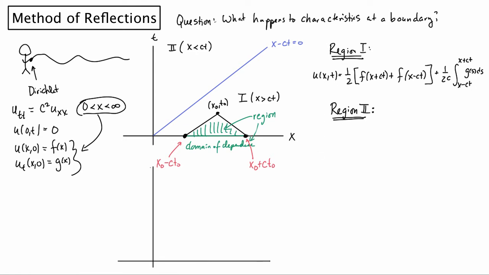Once again, let's draw in the dividing characteristic, and let's consider the point in region 2 given by, once again, x0 and t0.